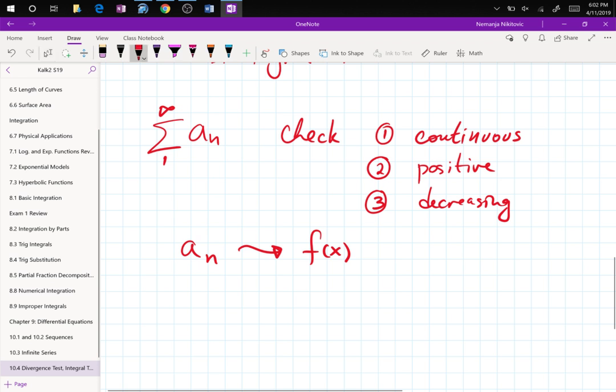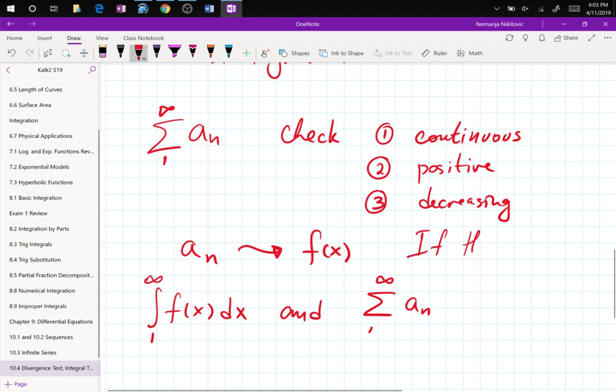It says the integral from 1 to infinity of f of x dx and the summation from 1 to infinity of an. Well, I should have said, check these 3 conditions.